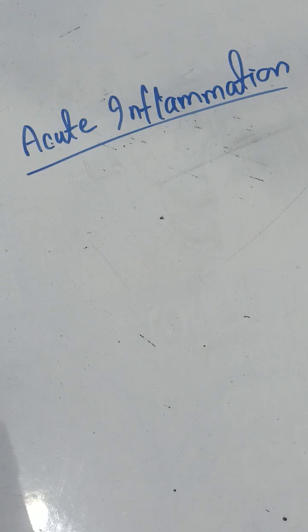Now we move toward the cellular events. Majorly, the cellular events that occur in acute inflammation are the movement of our immune cells, our neutrophils, our leukocytes, our white blood cells, to the site of the injury. We have two types of cellular events: first is leukocyte migration, and second is leukocyte activation.